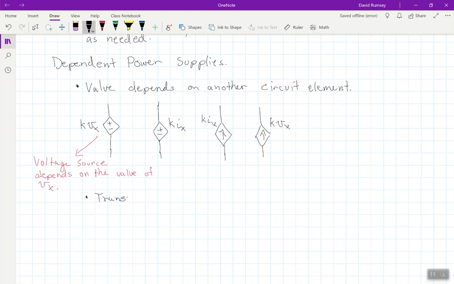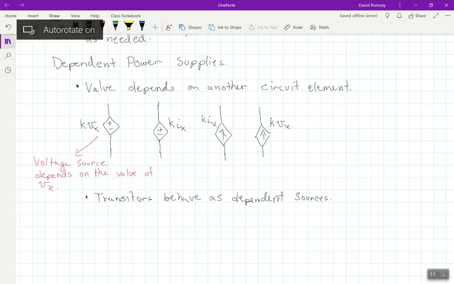Transistors behave as dependent sources. Without going into more detail than that, that's as far as I want to go for now. But that's one of the reasons why we're interested in dependent power supplies, because transistors behave as if there's a dependent source in them. Okay?